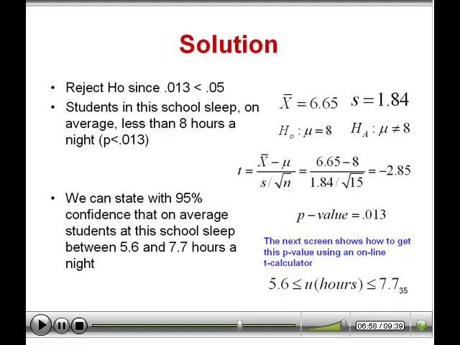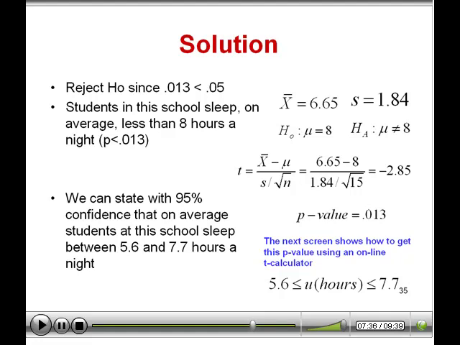A two-sided alternative seems appropriate here, since there is nothing in the statement of the problem that would lead us to believe that her claim was either too high or too low. Next, we substitute into the now familiar formula for t and find the test statistic is a negative 2.85. Using the online t-calculator, we find the area beyond plus and minus 2.85 is 0.013.